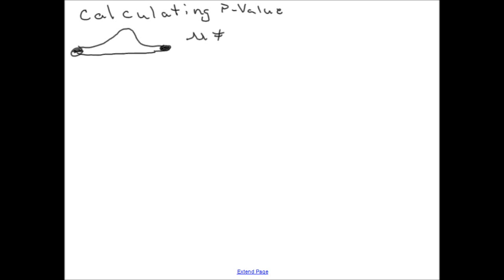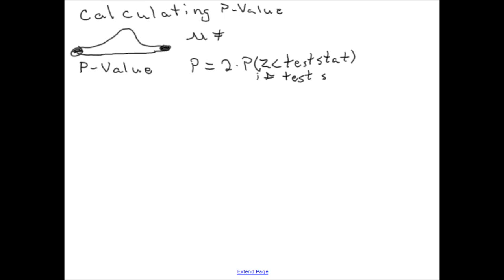Well, your p-value will be p for the p-value equals 2 times the probability that z is less than your test stat, and that's if your test stat is less than 0. So it's on the left-hand side there.